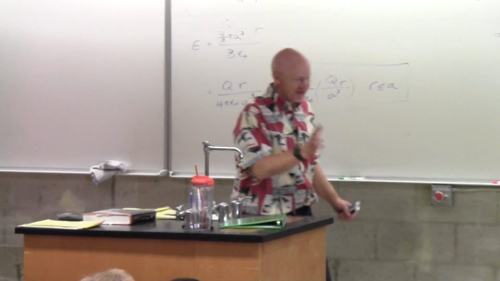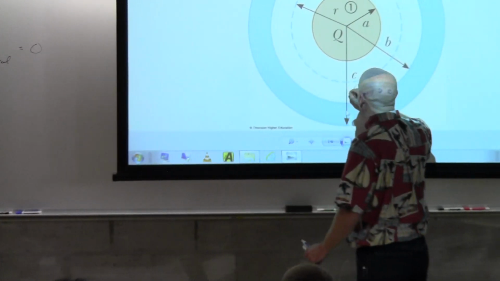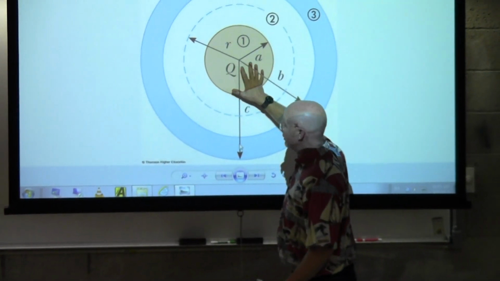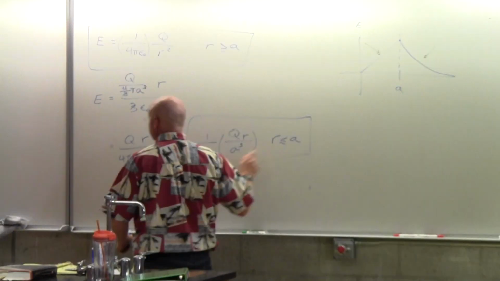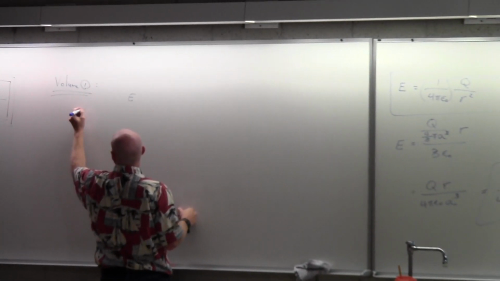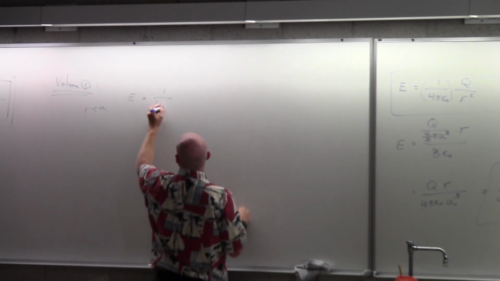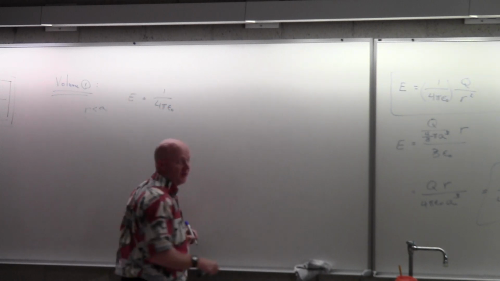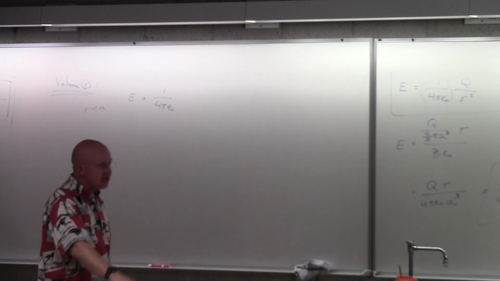But I don't have that purposely, because I do want to use Gauss's law here. And what I'm trying to say in the short amount of time I have here is if I draw a Gaussian surface so that the Gaussian surface has a radius of less than a, so, volume 1, when r is less than a, I would go through exactly the same argument, and even though there's charges on the outside, I would still say it's symmetric.